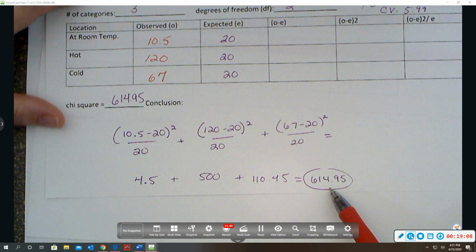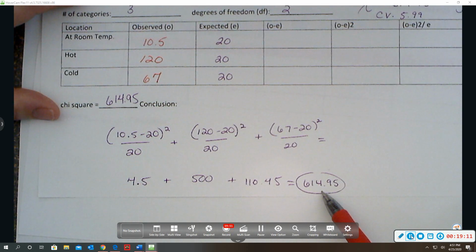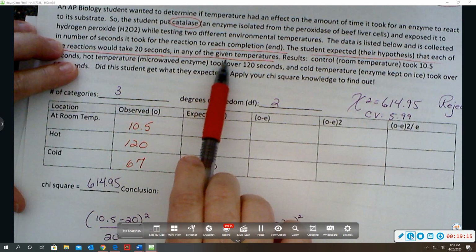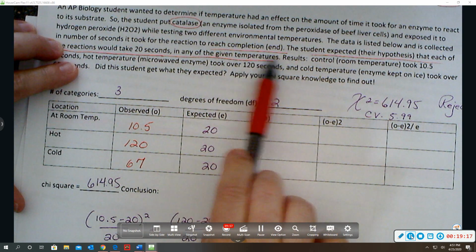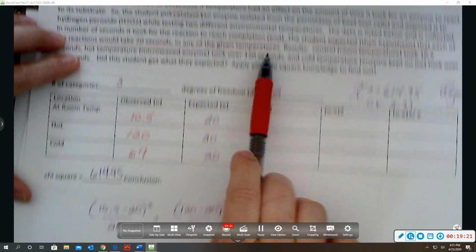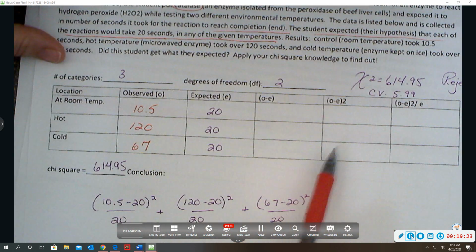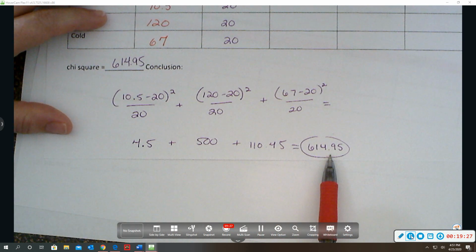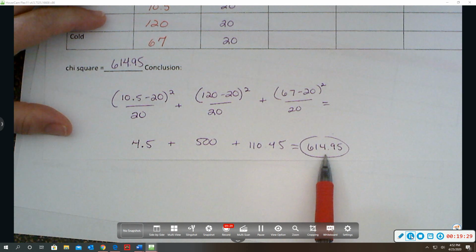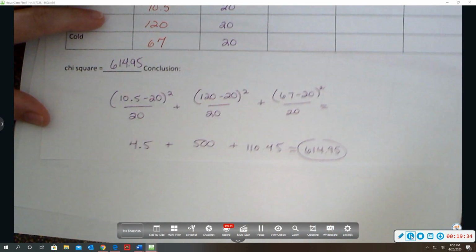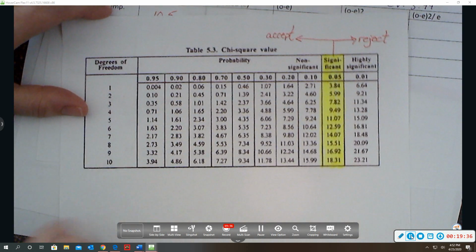You probably are already thinking to yourself that you remember denaturation, right? That, well, when we put an enzyme in a microwave, that can denature a lot of it. And cold can slow it down. So I guess I was kind of expecting these types of results. Our chi-square is huge, 614.95 for our degrees of freedom.